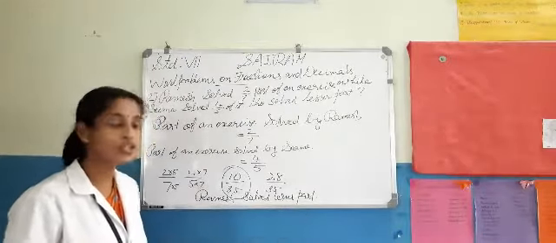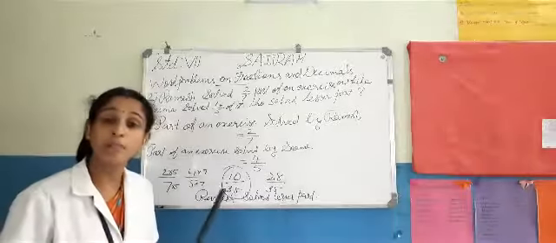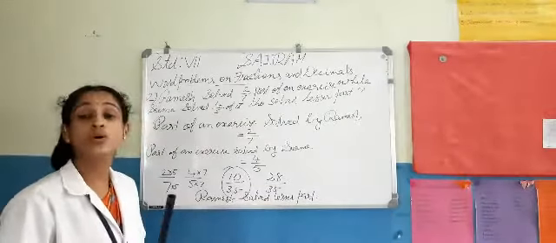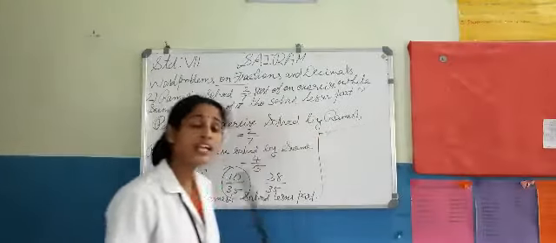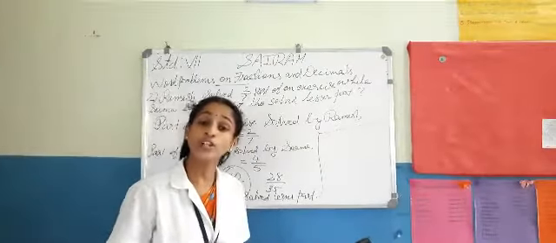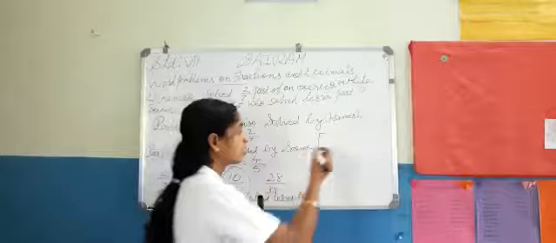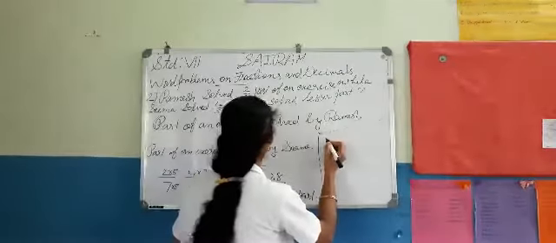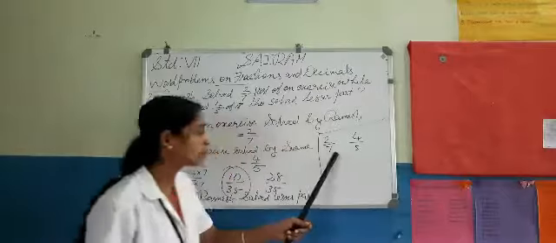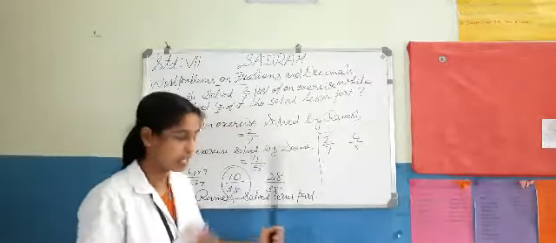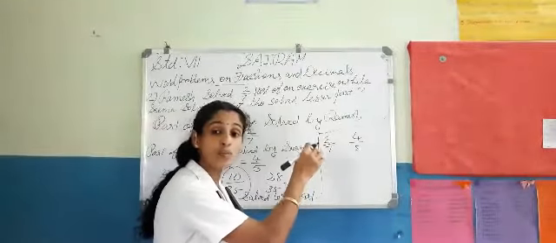The other method is the cross product. Here we compare the same thing using the cross product. Any method you can use according to your convenience. Let me show how to do this one. 2 by 7, 4 by 5. We want to compare these two fractions. First of all, we take the cross product.